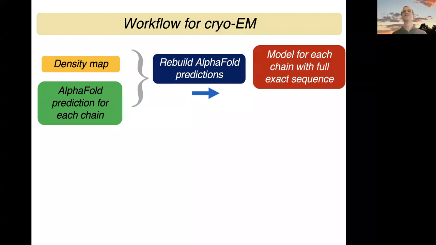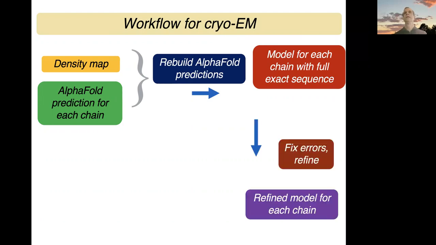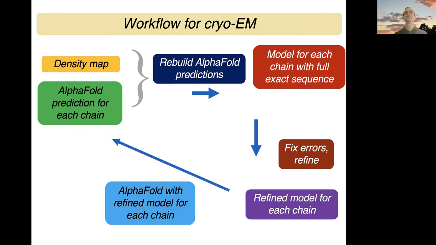That leads to a model for each chain with a full exact sequence that's been rebuilt by you. Then maybe you're going to fix the errors, refine the model. So now you're going to put everything together, and you have a refined model for each chain. You're going to then run AlphaFold with the refined model for each chain to get a new prediction.